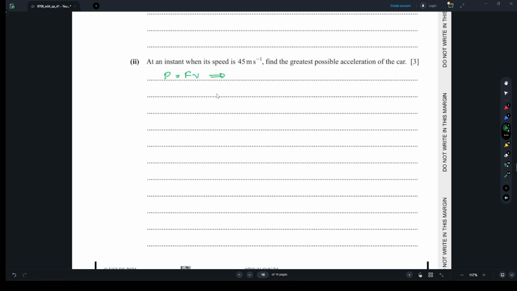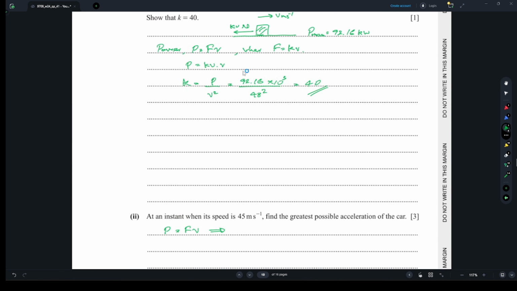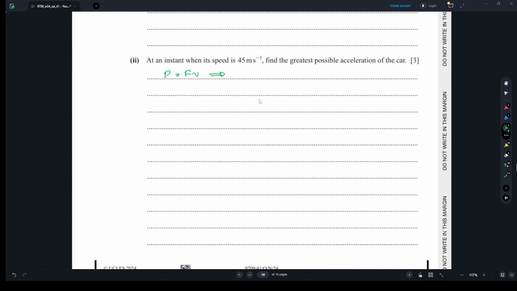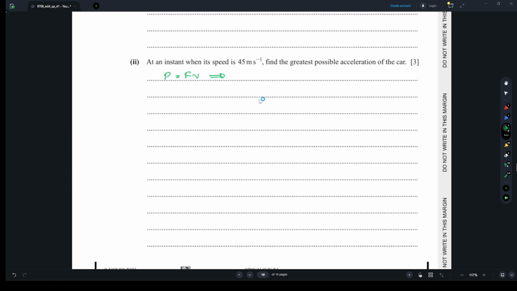And here at an instant the speed was 45, previously 48, right? So that means there's a change in force.